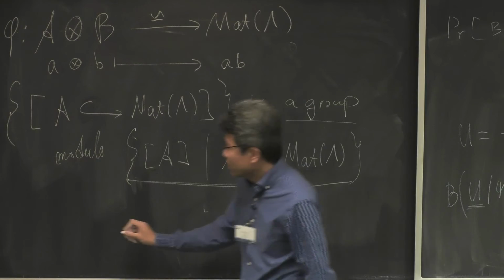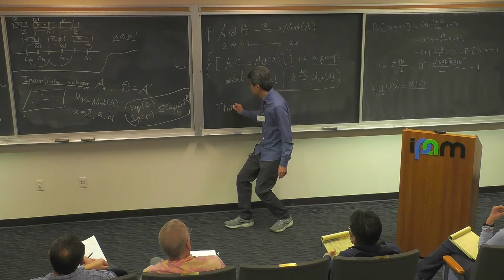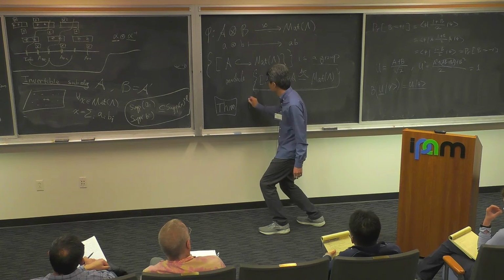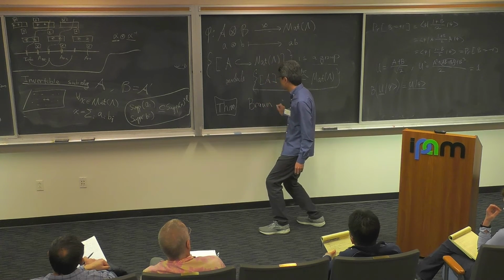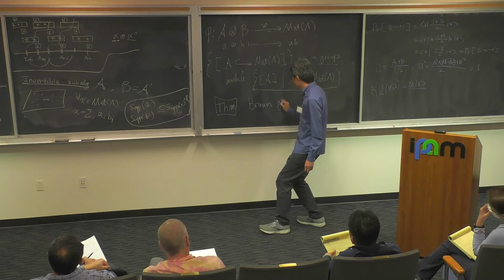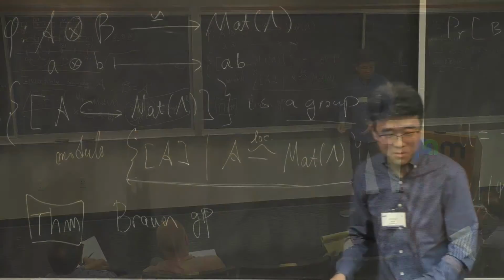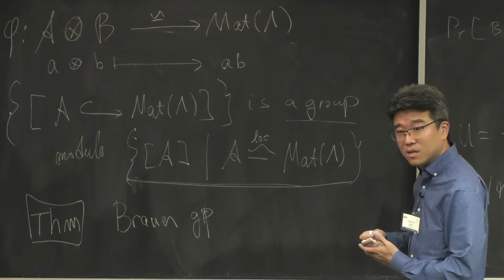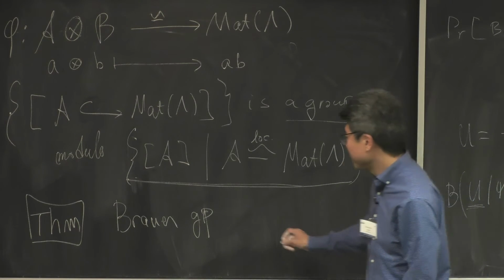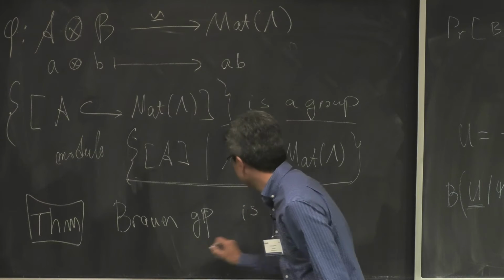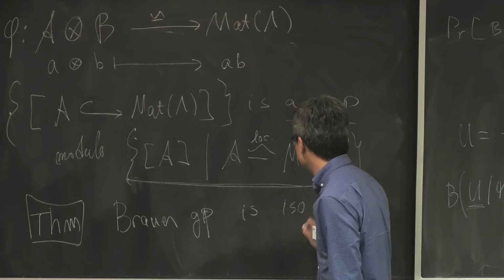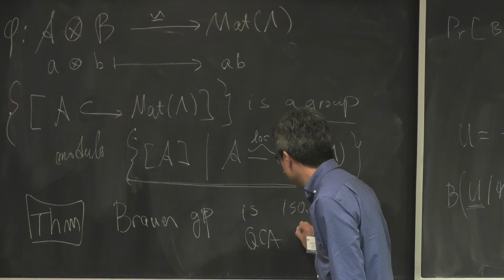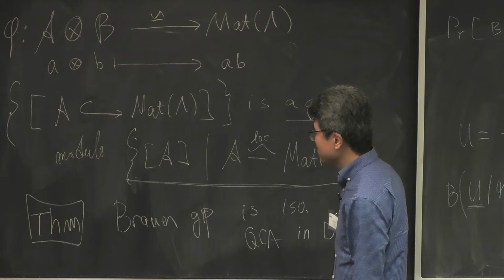And this becomes a normal subgroup under tensor product, and the quotient becomes an abelian group. Now, the one theorem is that this group, which I call the Brouwer group, because the construction is pretty much similar to the usual Brouwer group of a field, all the algebra representations over the field, is isomorphic as a group to the group of QCA in D+1 dimensions.